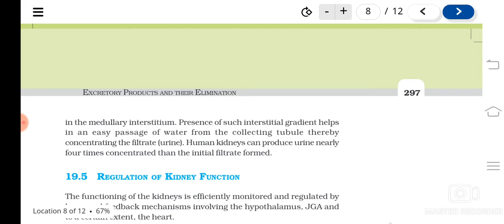This helps in the passage of water from the collecting tubule, thereby concentrating the filtrate. So in this way only the urine is produced.